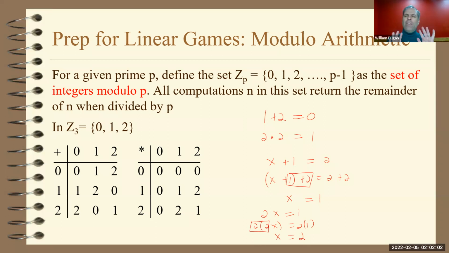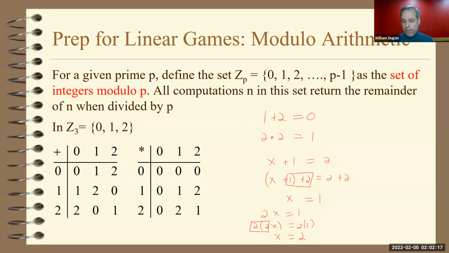Okay, with that very simple, basic setup, we can then talk about linear games. In linear games, we use vectors from Z sub P, like Z2, Z3, Z4. The dimension of the vector is a superscript.